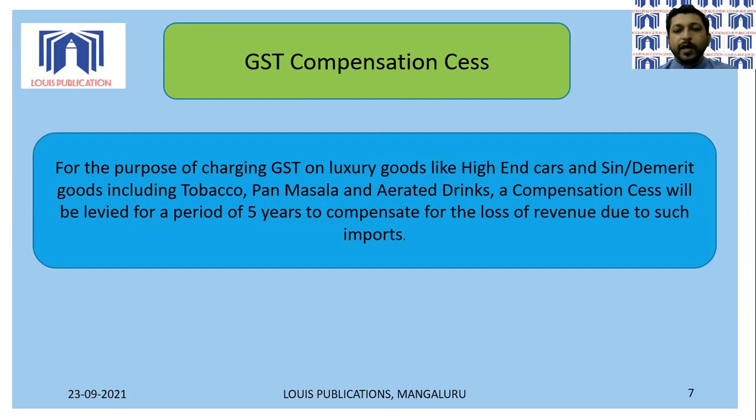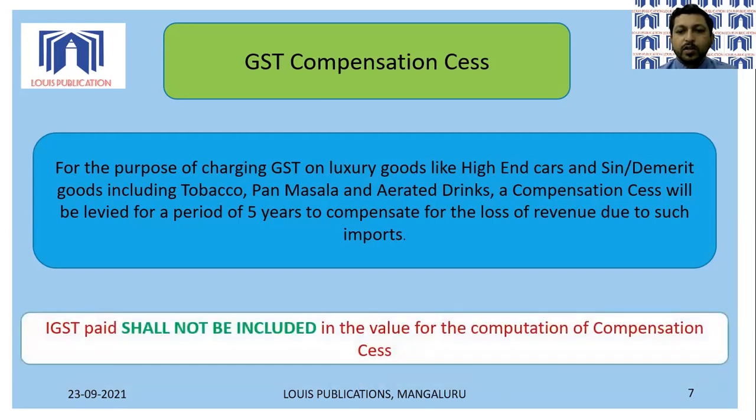Similarly, with tobacco-related products and pan masala, all these are available in India. But if such sin goods or demerit goods are imported, GST compensation cess has to be levied to compensate the loss of revenue due to such imports. Now, a very important point, which I will be repeating once again when we come to problem solving: the concerned importer is liable to pay IGST.